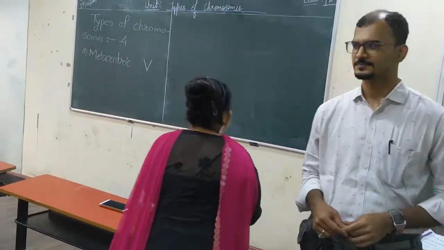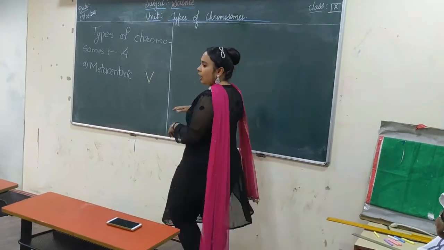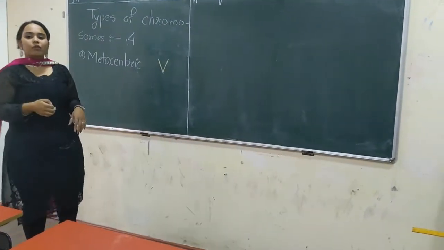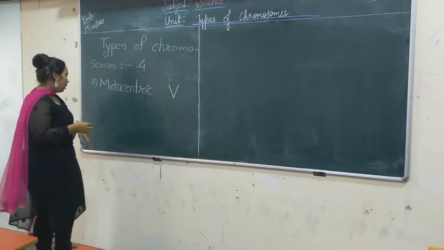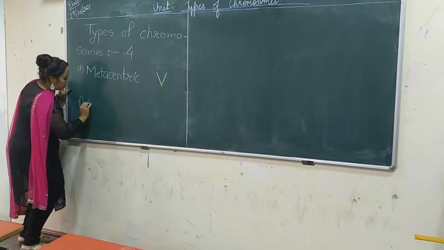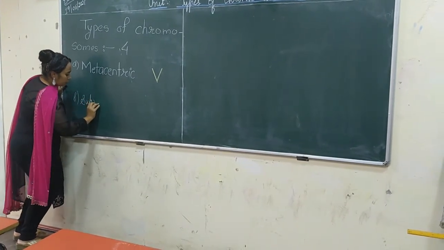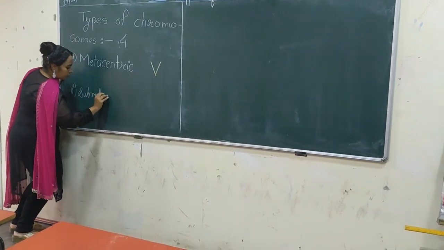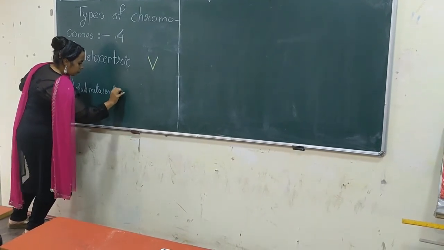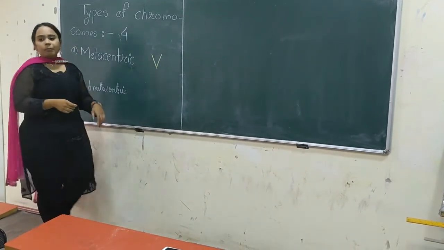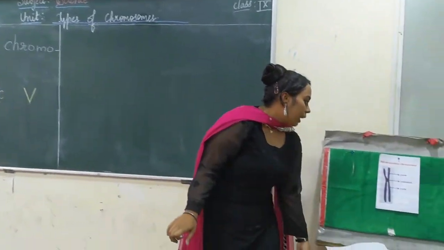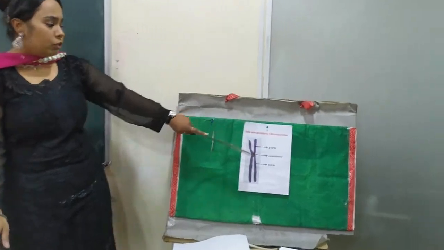So everybody understood about the metacentric chromosome? The second type of chromosome we have is the submetacentric chromosome. Pay attention to the diagram over here.